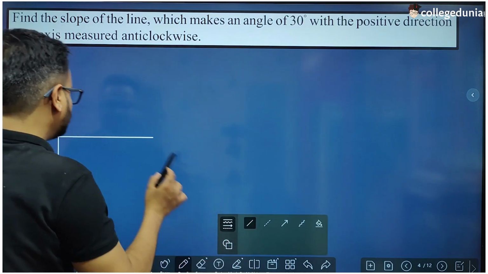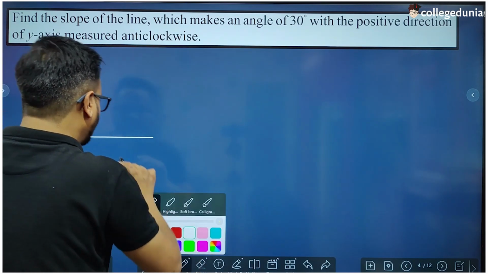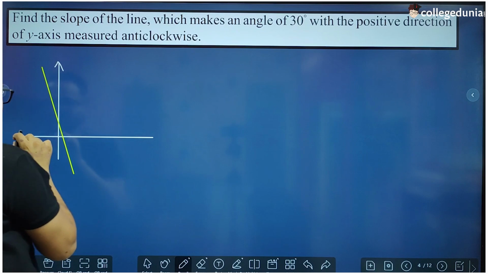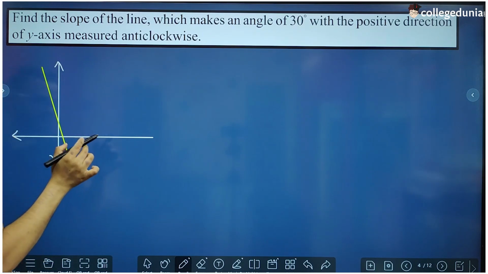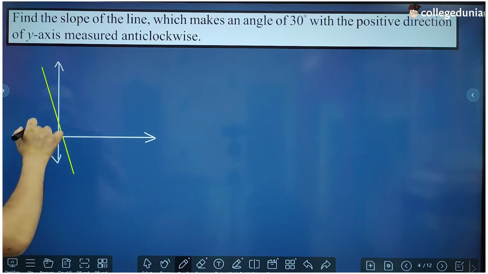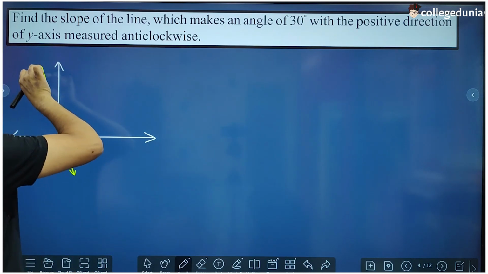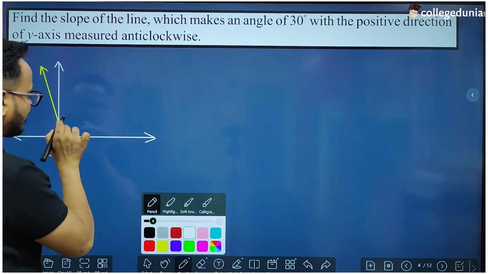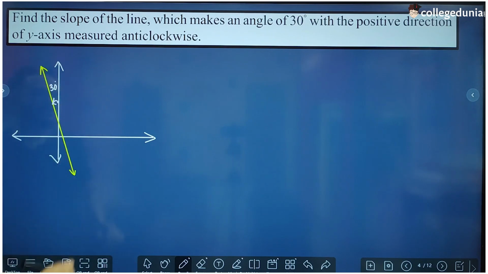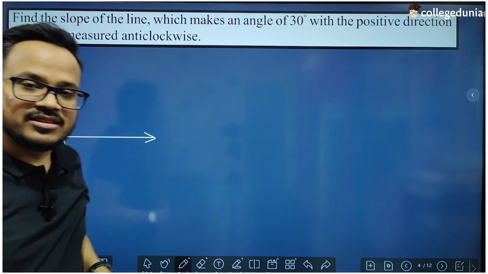According to the question, this should be the line because the line makes the angle 30 degrees with the positive direction of y-axis when measured in anti-clockwise sense. So this angle is 30 degrees.